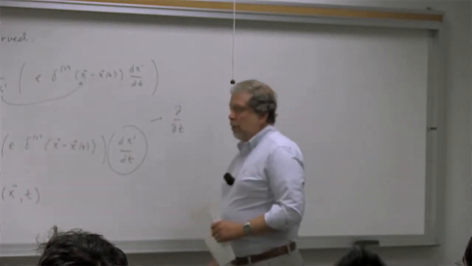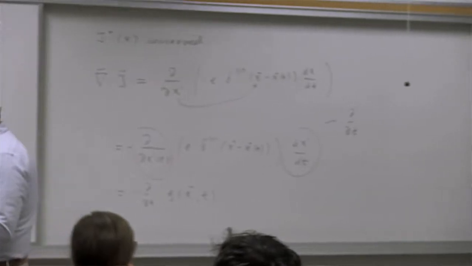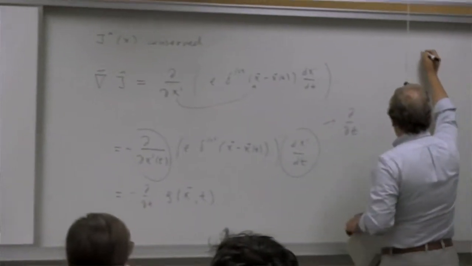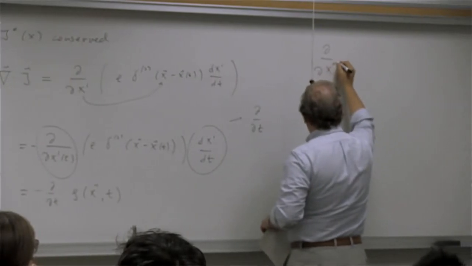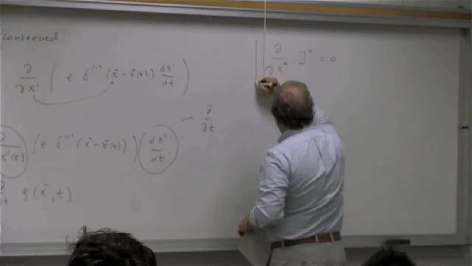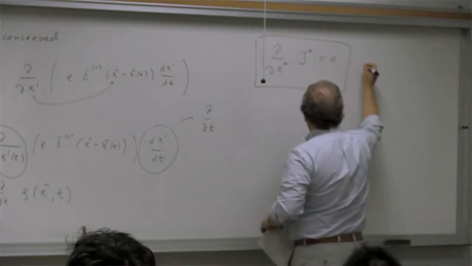So everything seems to work out nicely for this current density. So that means that we have that d by dx alpha of J alpha is equal to 0. So this is a continuity equation.